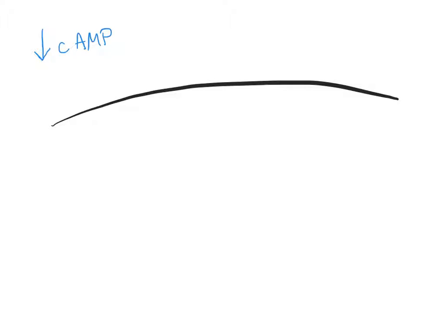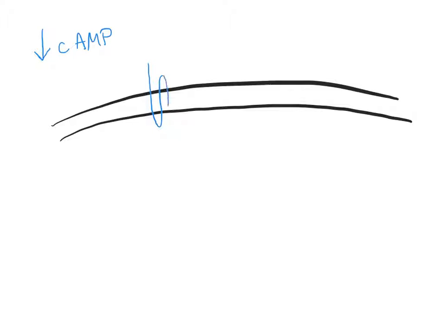The next signaling pathway that you find in target cells is a pathway that leads to a decrease in cyclic AMP. Once again, you have your plasma membrane. Once again, you have your membrane receptor with both its extracellular and intracellular region.